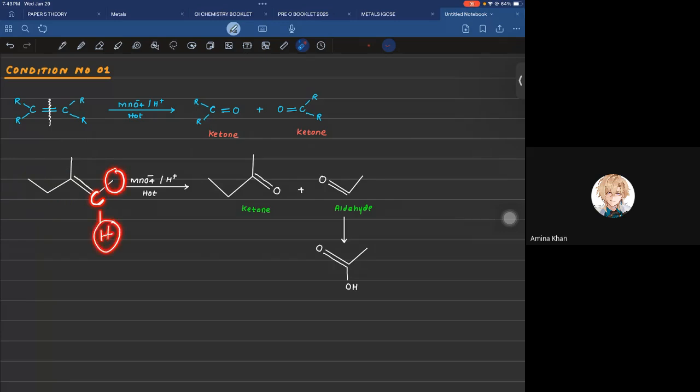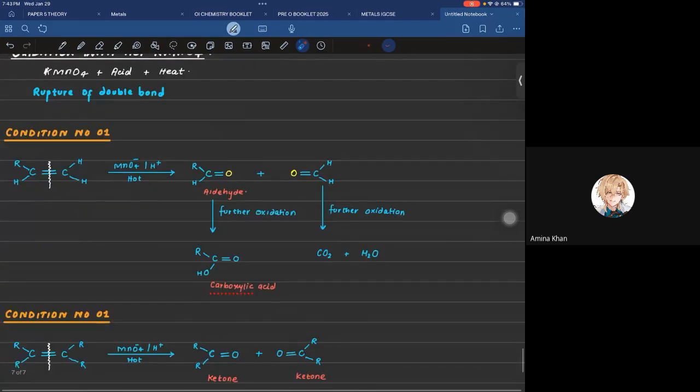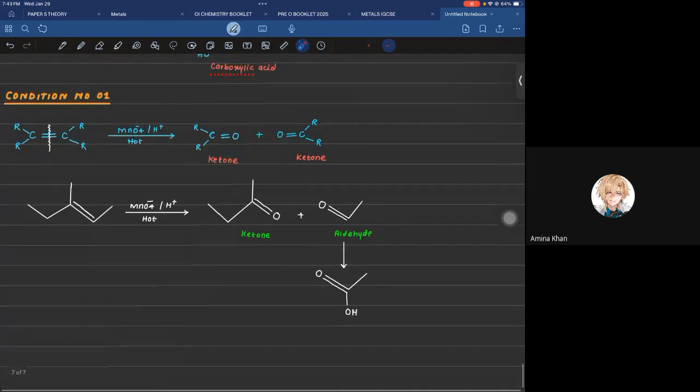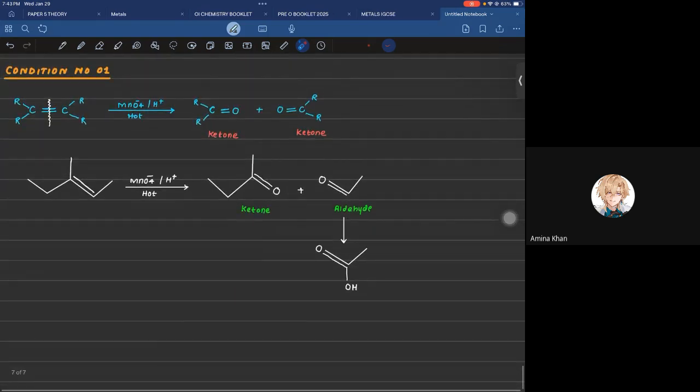So with one R and one H attached, aldehyde would be formed, and then automatically it would further oxidize and finally carboxylic acid would be formed. This is called oxidation of alkene with hot KMnO₄.